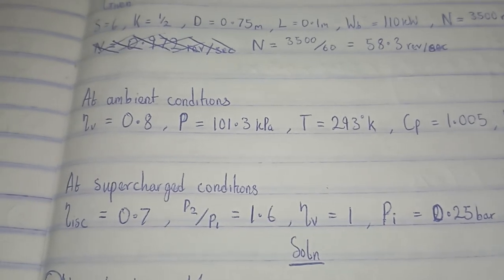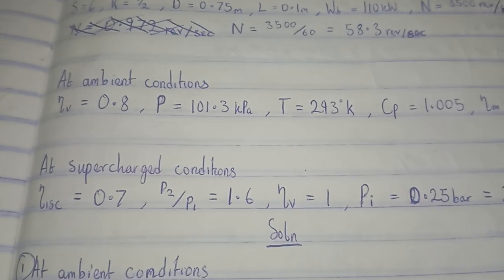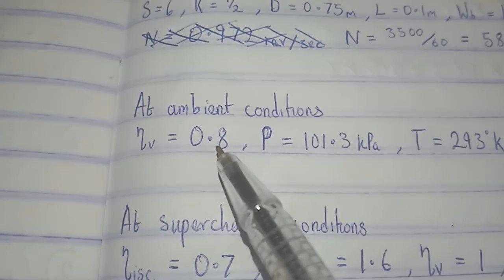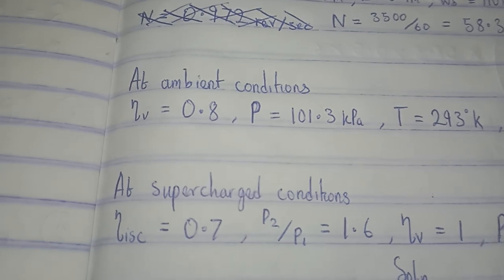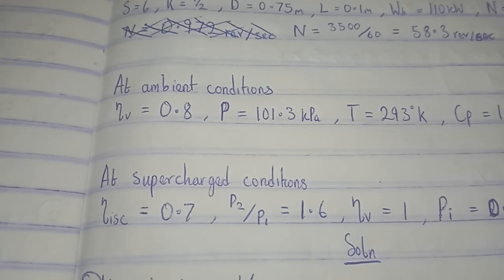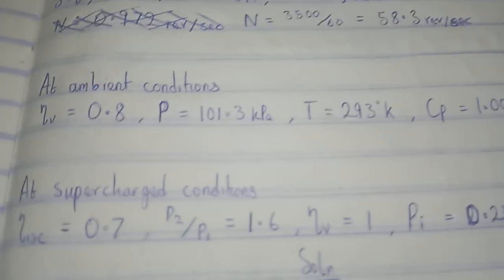Now the volumetric efficiency is 80% at this operating condition, referred to as ambient conditions. So at ambient conditions, we have that the volumetric efficiency is 0.8, and a pressure of 1.013 bar.